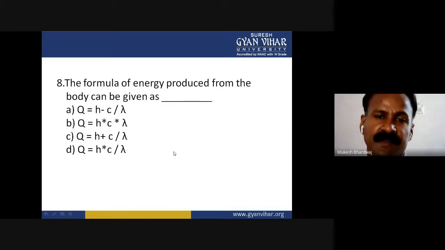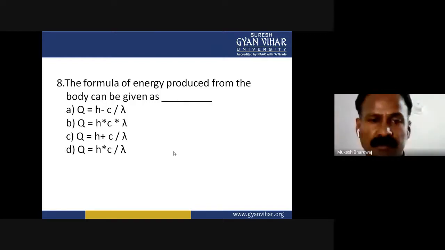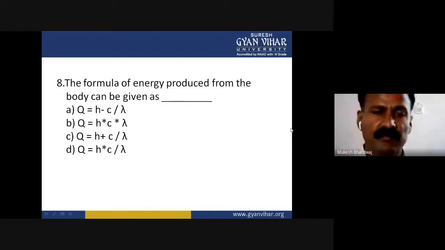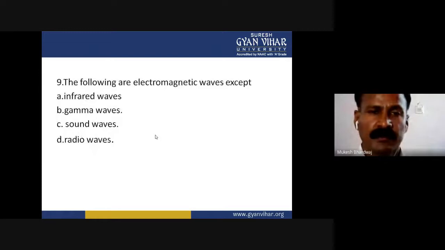The formula of energy produced from the body can be given as Q equals H minus C by lambda, HC, H into C into C, H plus C by lambda, or Q equals C by lambda. Choose the appropriate answer. The following are electromagnetic waves except: infrared waves, gamma waves, sound waves, radio waves.